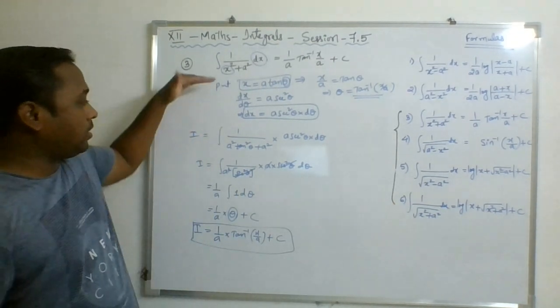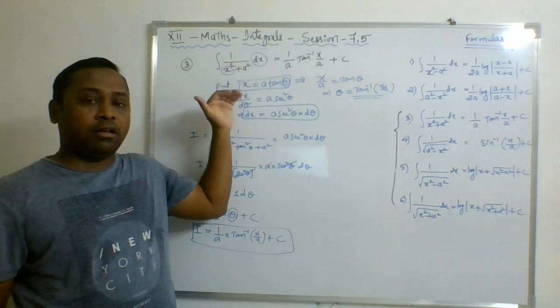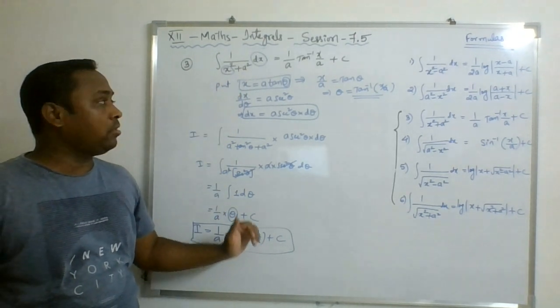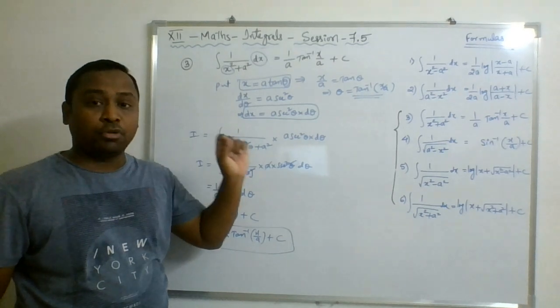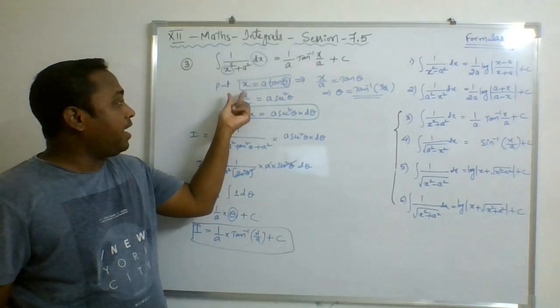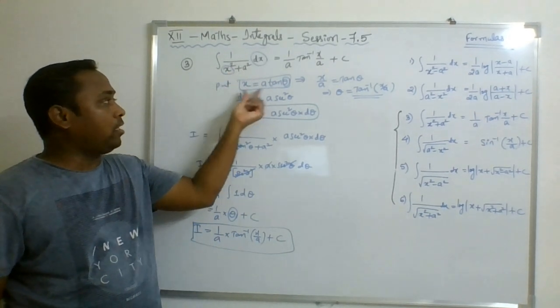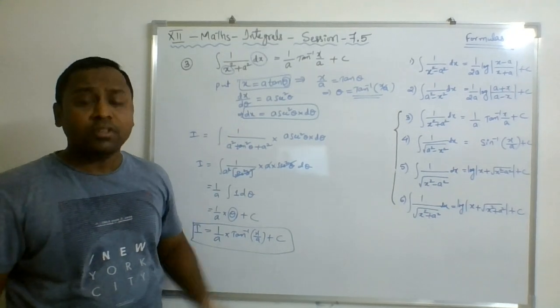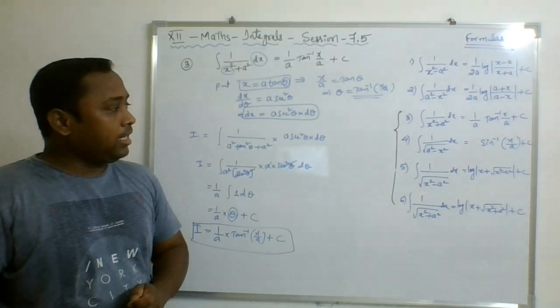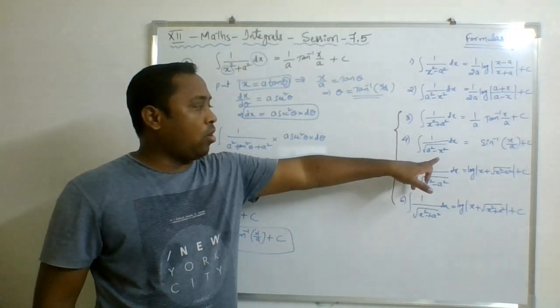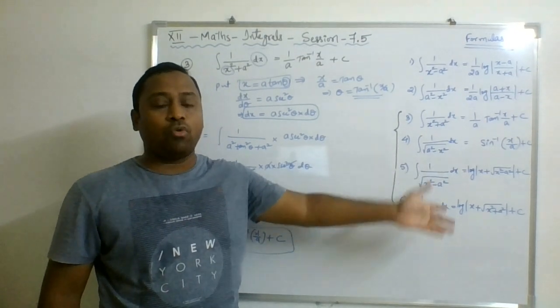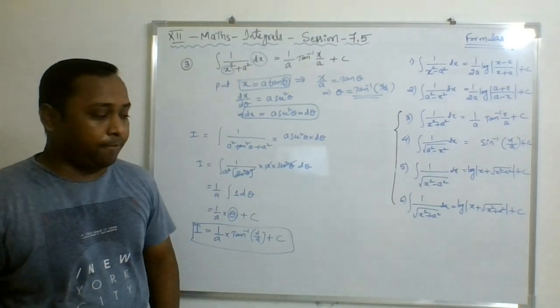Okay, so this is the derivation. We have solved this derivation by using the substitution technique, where we have substituted x is equal to a tan theta, whichever is suitable. In a similar manner, to solve the rest of the questions also, we are going to use the substitution technique. Fine.